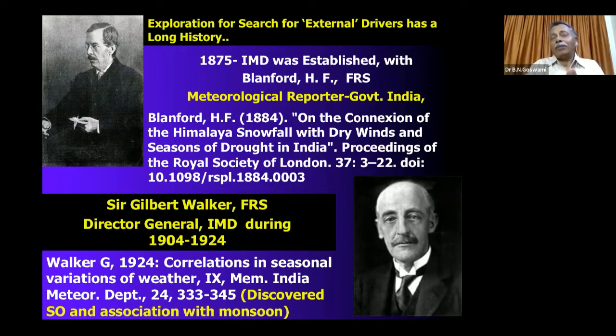Of course, it was soon known that the Southern Oscillation is the atmospheric component of the oceanic component of El Nino, and therefore El Nino and the Southern Oscillation became important. It was an important discovery which had important implications for monsoon variability and predictability. So this is how it started.